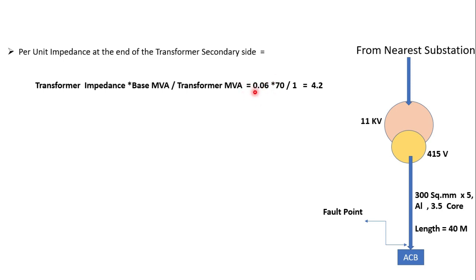So here we have 4.2 ohm, which is the transformer per unit impedance.